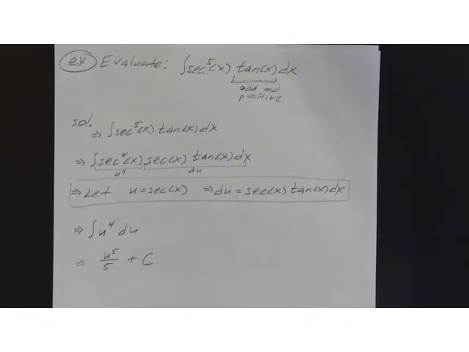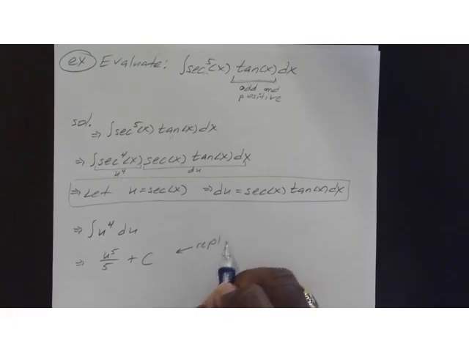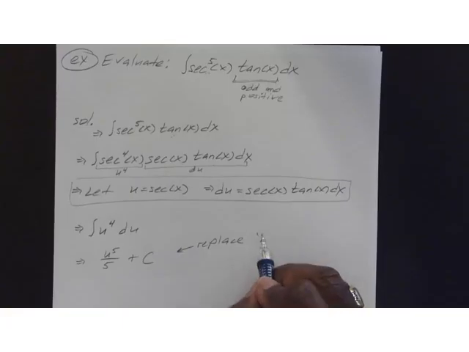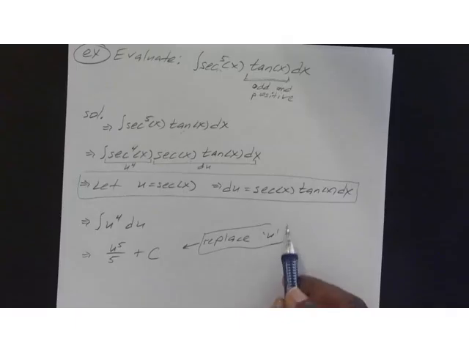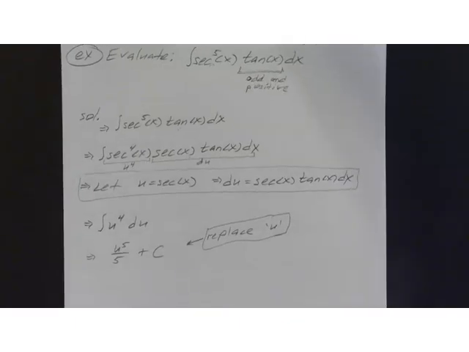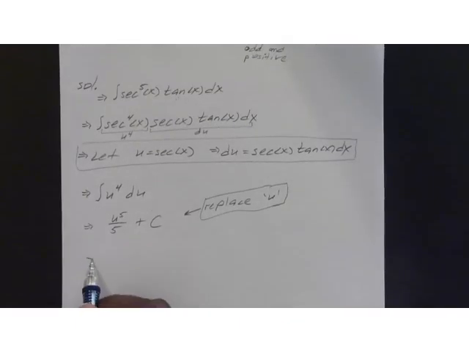Then from there, all we have to do is replace our u. So that becomes 1/5. And u to the fifth power is just secant to the fifth power. So secant of x to the fifth power plus c.